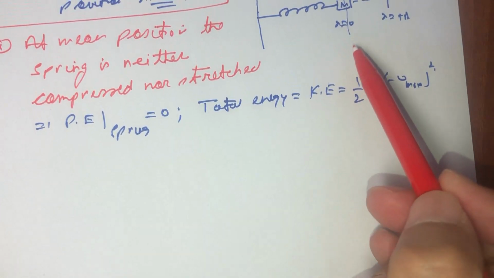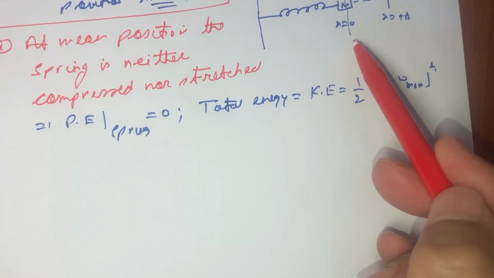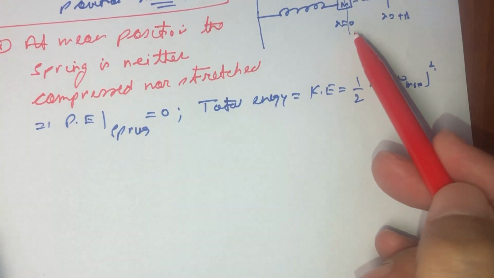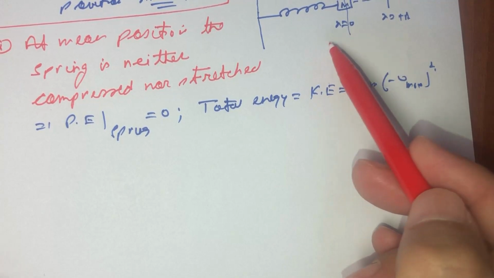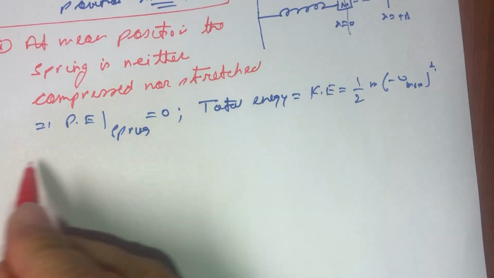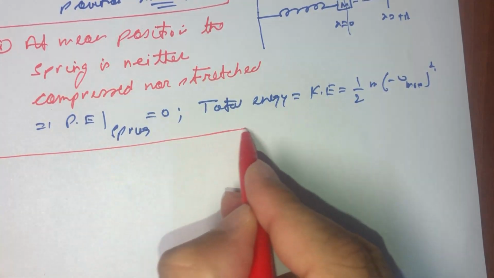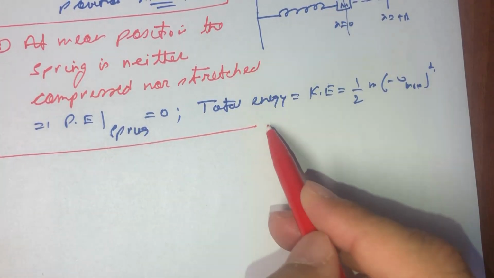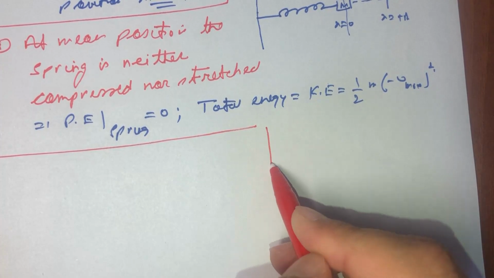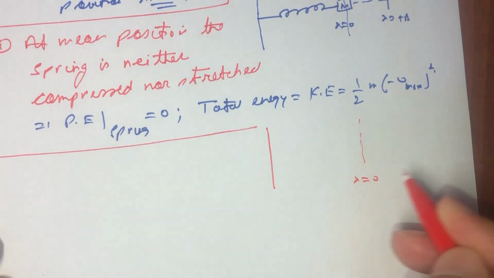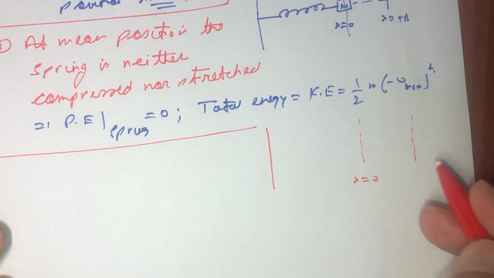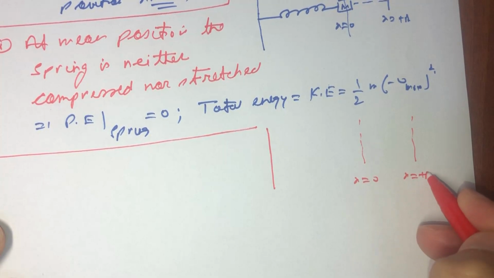Now it is going to overshoot the mean position, and the mass will be traveling to the left side, and the spring will be compressed. Once again, let us draw the figure for the compressed spring. This is our mean position x equal to 0, and this is our extreme position x equal to plus a.